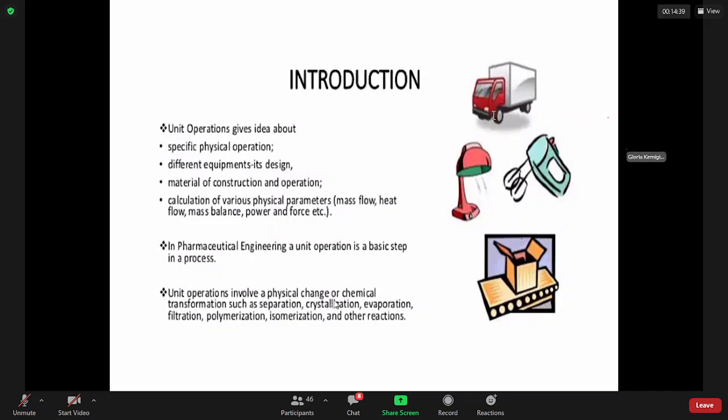Unit operations involve a physical change or a transformation, such as separation, crystallization, evaporation, filtration, and some of these we shall be able to look at in detail in this particular lecture.